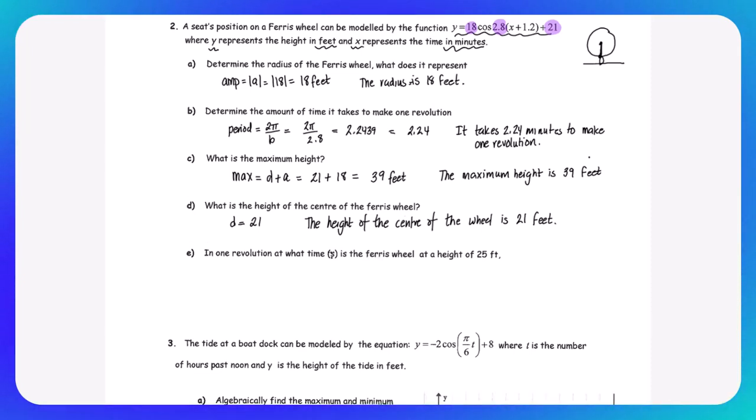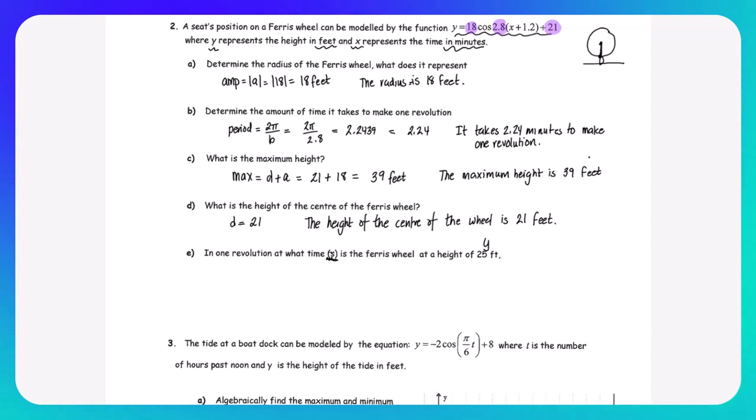Last one for 2. In one revolution, at what time or times is the Ferris wheel at a height of 25 feet? They're giving us a little hint here. So really, this value 25, that's a Y value.